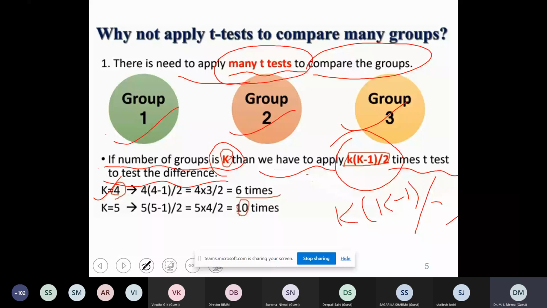So it is very useful for our test for three or more groups. So this is the reason ANOVA test is more appropriate and time saving as compared to t-test.